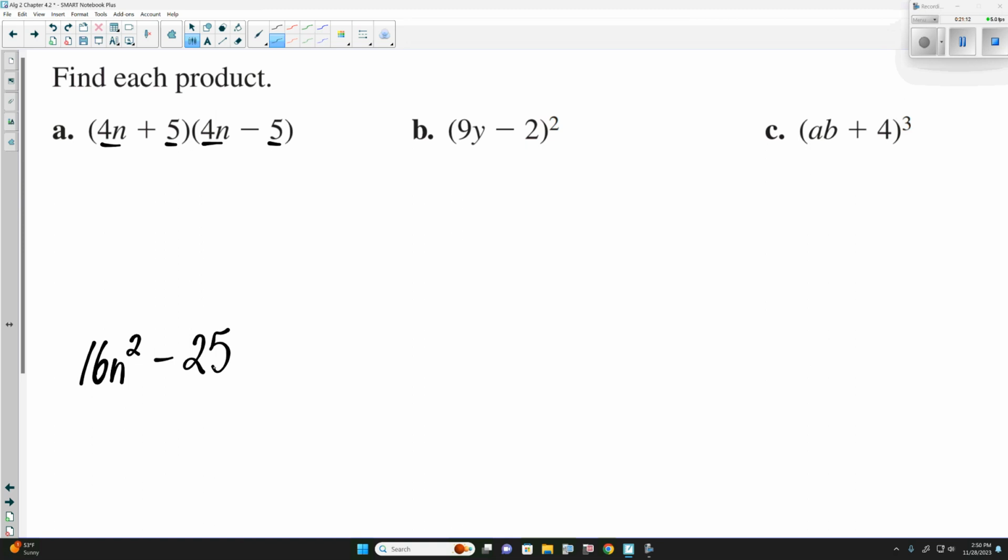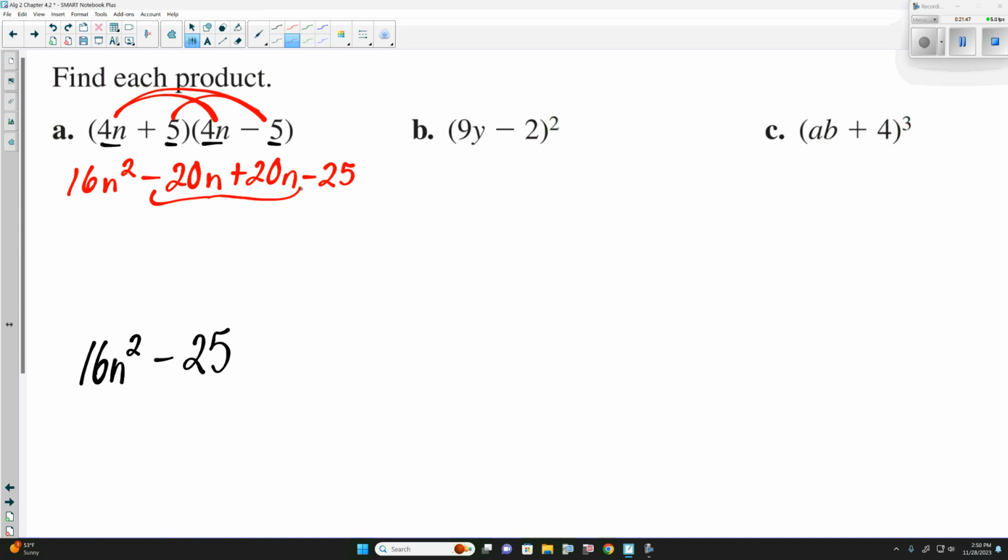Or if we just go on and multiply it out, we will get the exact same answer. Because 4n times 4n, 4 times 4 is 16, and n times n is n squared. 4n times negative 5, well, we'll have negative 4 times 5 is 20, and we still have the n. The next one, 5 times 4n, is going to be plus 20n. And lastly, 5 times negative 5 is negative 25.